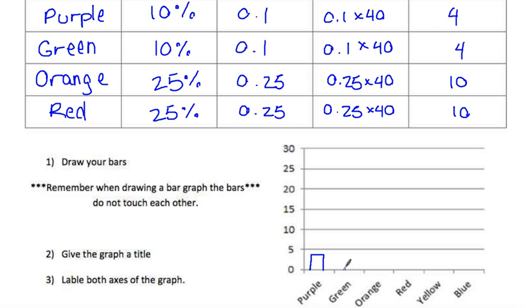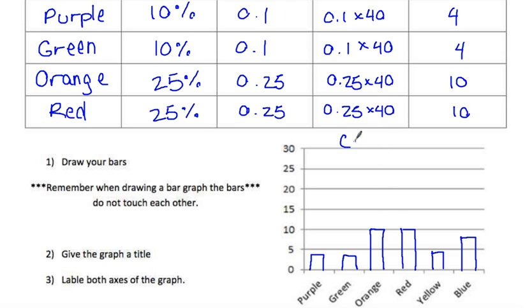Green is 4 as well. Orange is 10. Let me go up to 10. You see I'm leaving space between my bars. Red is 10. Yellow is 4. And blue is 8. Okay, give the graph a title.